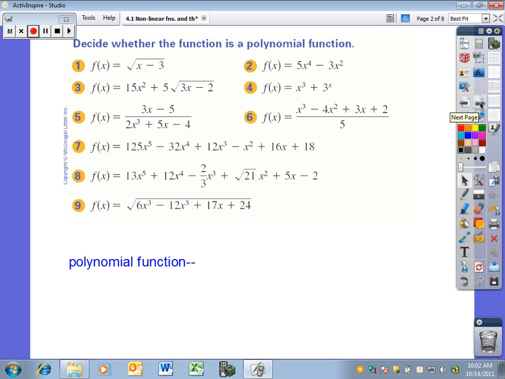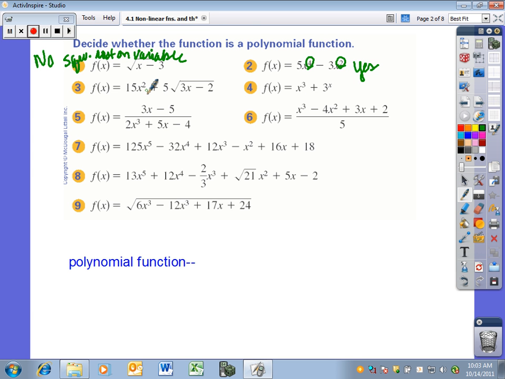So let's see if you can decide from this list which ones are. Number 1 would be no. Why? Square root on the variable. Number 2, yes, because 4 and 2 are positive numbers.